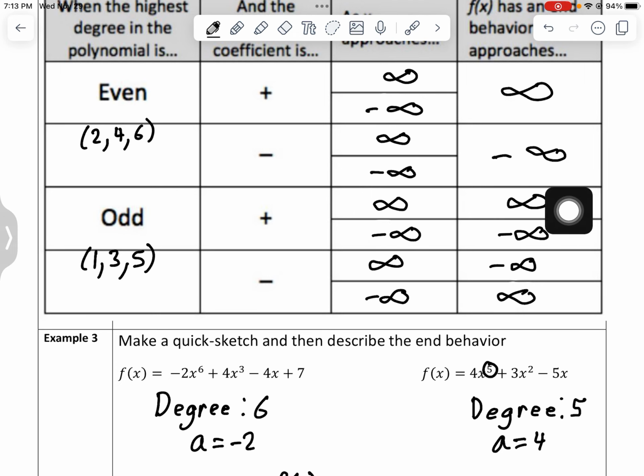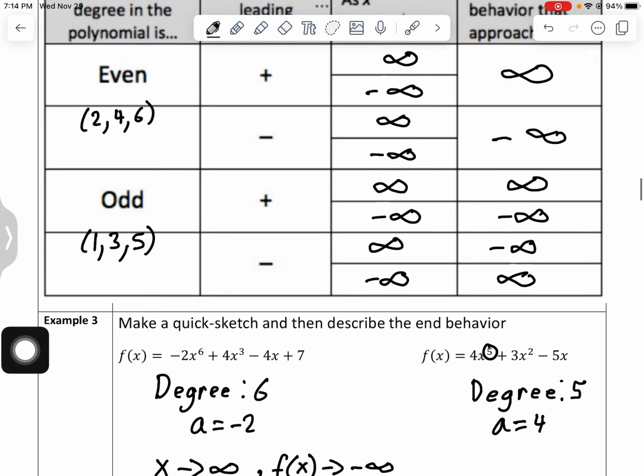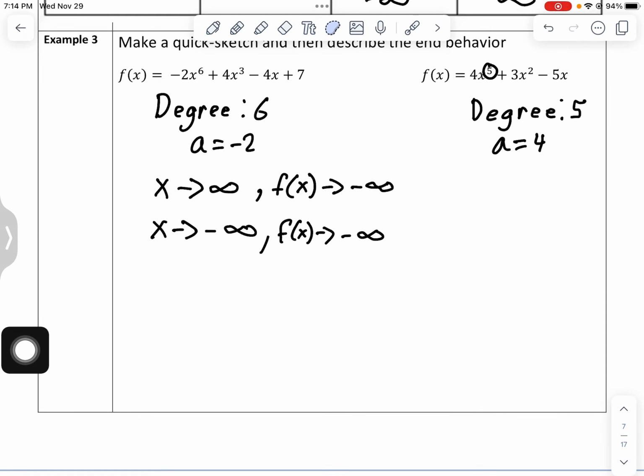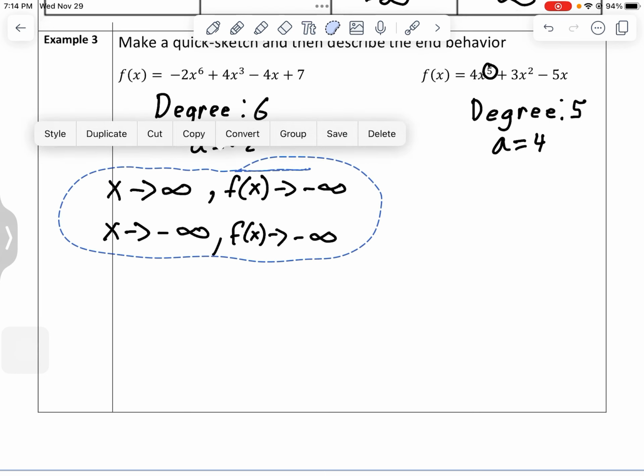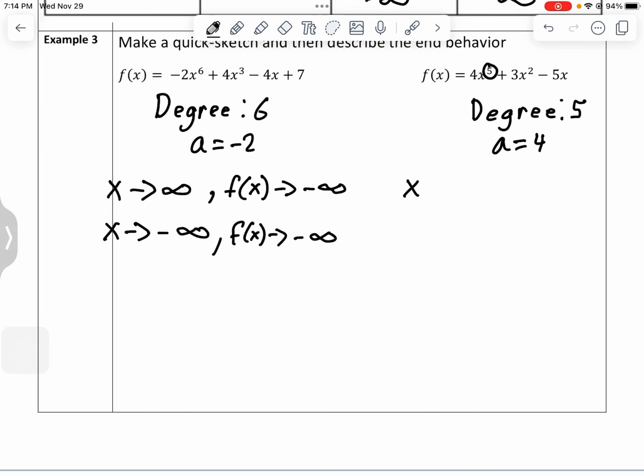So then we are looking at this end behavior right here where they match up exactly. Let me just move this one over here really quick. So then as x approaches infinity, f of x approaches the same thing. And as x approaches negative infinity, f of x approaches negative infinity.